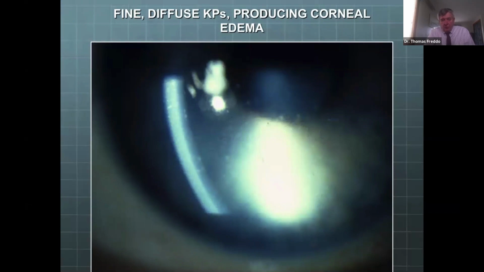This case could give you a confusing presentation, and I realize we're starting a bit off the topic because this is non-granulomatous, but cases like this will show you a clear cornea on top, a hazy cornea on the bottom, and it can be a very confusing presentation until you look through the clear cornea at top and notice the cells and flare.